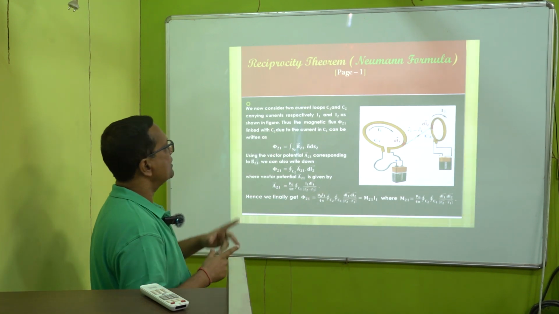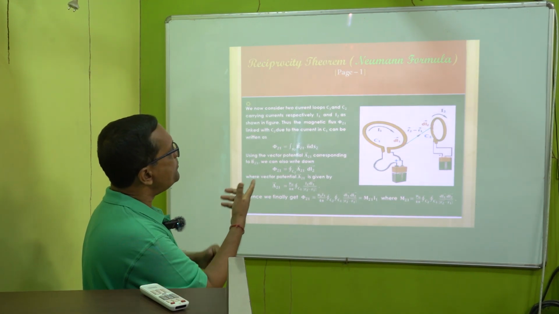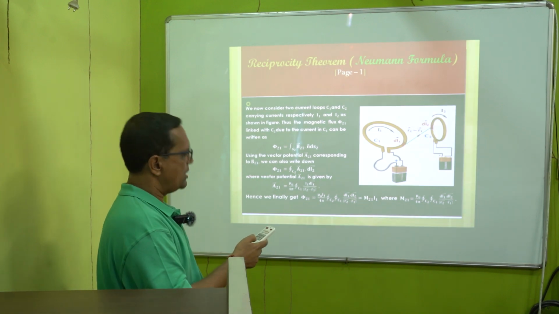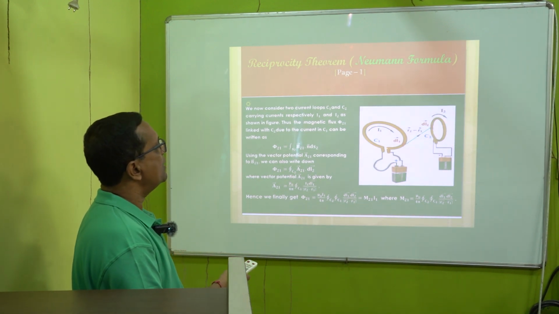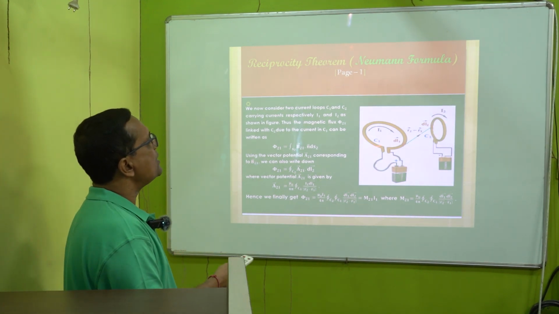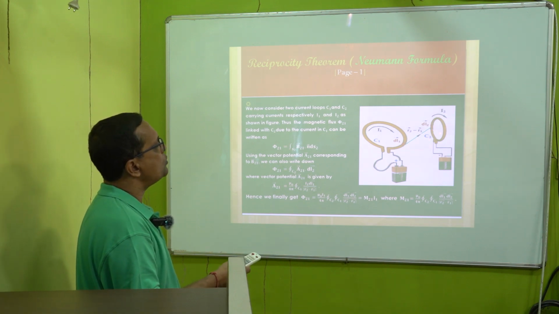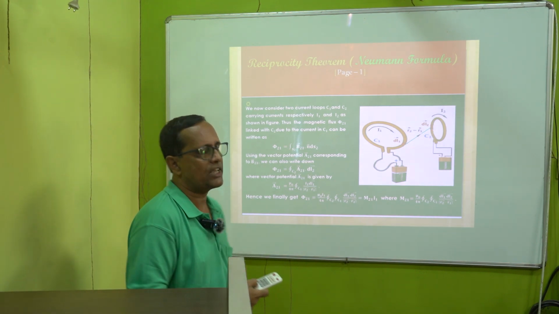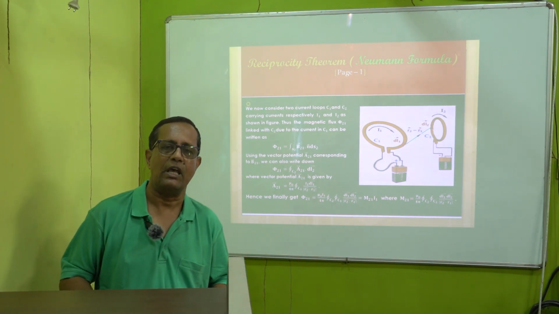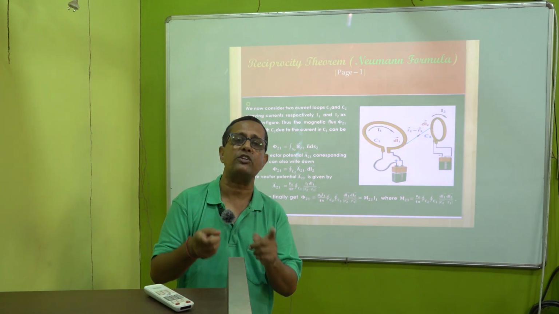Now here we have two coils, C1 and C2. You see the figure, and here C1 carries current I1, C2 carries current I2, and both have self inductance L1 and L2 respectively, and capital M is the mutual inductance between them.